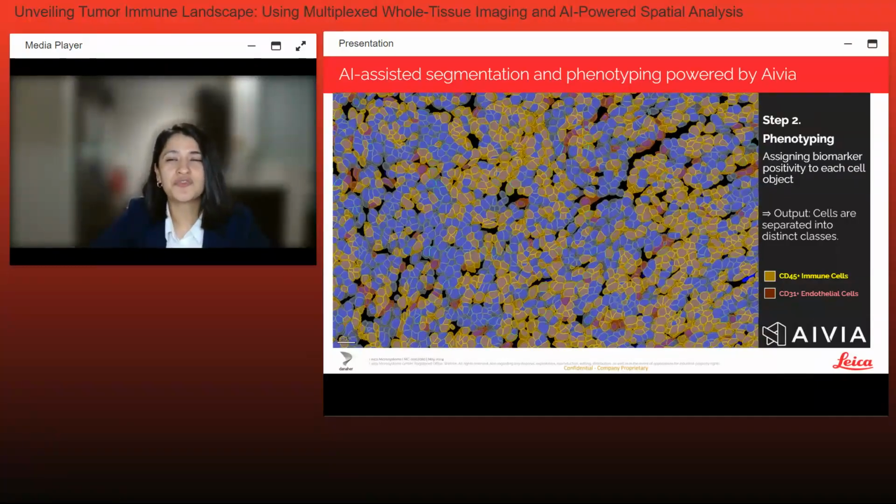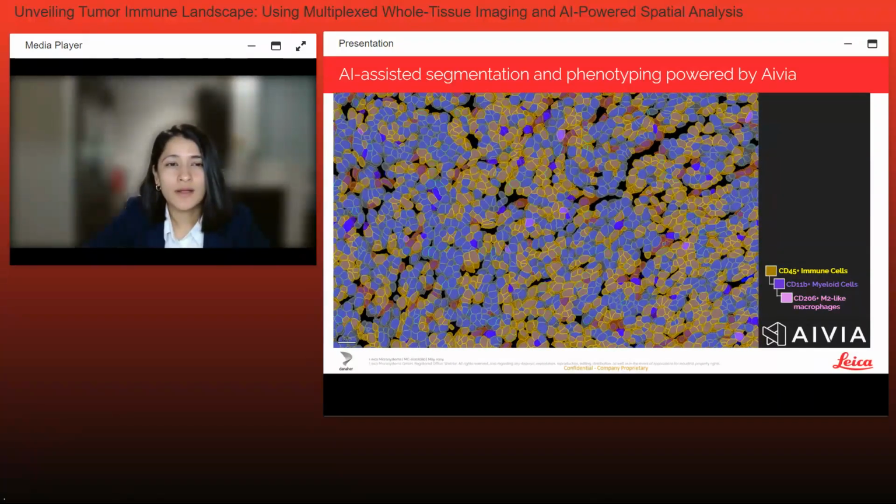So we need some kind of clustering algorithm in order to characterize such cell types appropriately. Here we see that within this category of CD45 positive pan-immune cells in purple, we can see a few CD11b positive myeloid cells. And within this lineage, we can see these CD11b positive and CD206 co-positive M2-like macrophage populations.